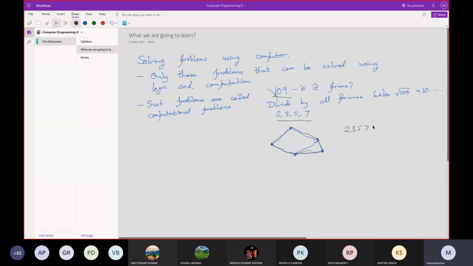I'm just writing this number randomly, I don't know whether it is prime or composite. Can you answer it using just pen and paper? No. At least you can, but it will take a huge amount of time. Though there are some shortcuts for divisibility by 3 or 7 or 11, using pen and paper you cannot check it within a reasonable amount of time.